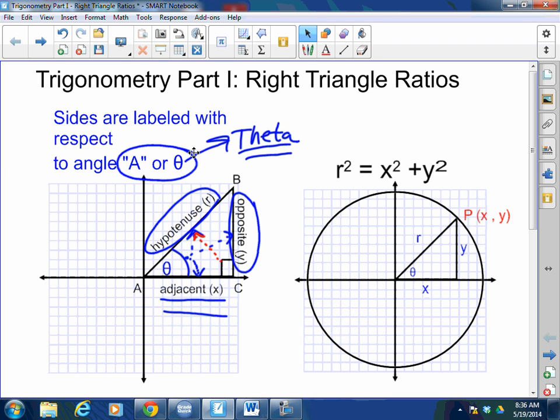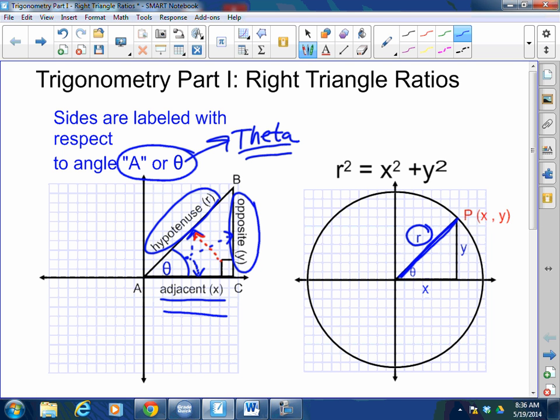Now let's put this bad boy into a circle. If we put this right triangle into a circle, my hypotenuse is my R, which represents the radius of that particular circle. Okay?